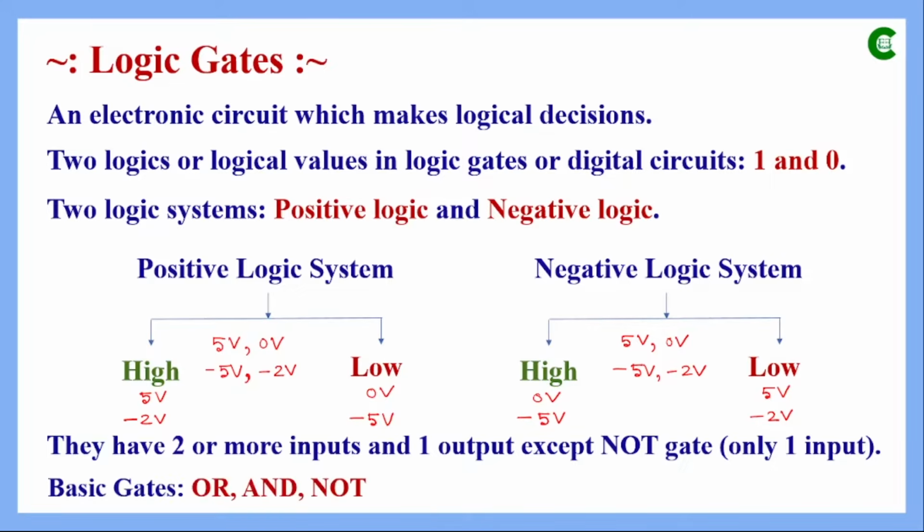Among the logic gates in digital electronics, AND, OR and NOT are basic gates, and NOR and NAND are called universal gates, because using NOR and NAND we can represent any other gate or any other digital circuit, or we can implement any Boolean expression.